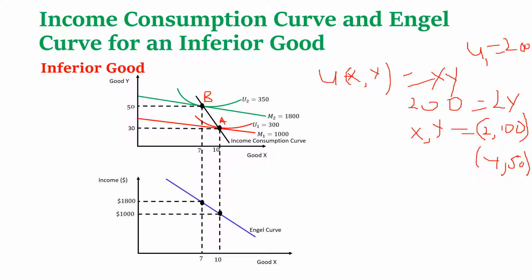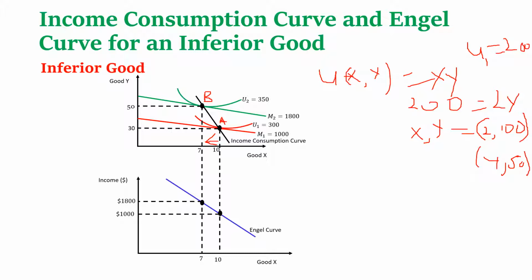But now, when the income of this consumer increases, the demand for the good decreases from 10 to 7. So he is now going to consume less of X.